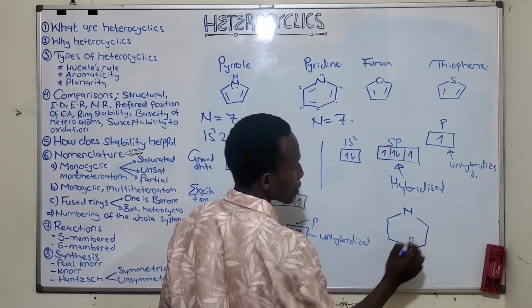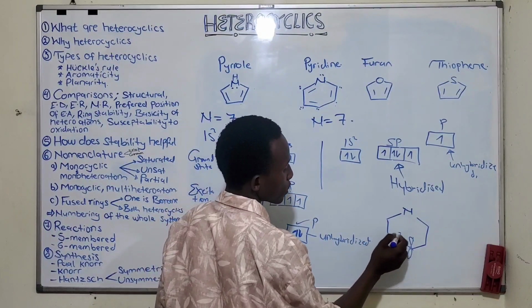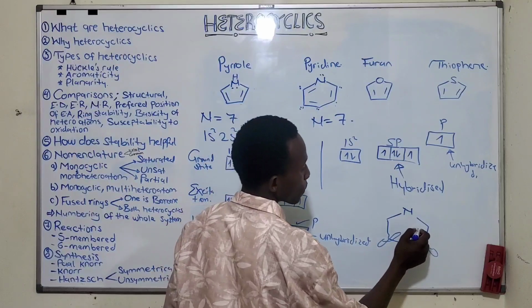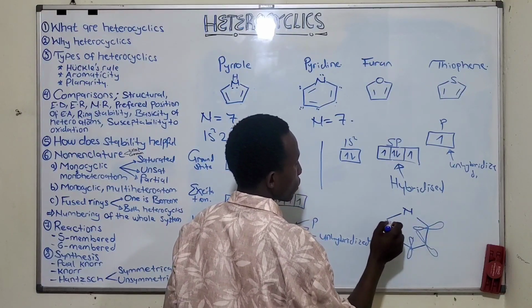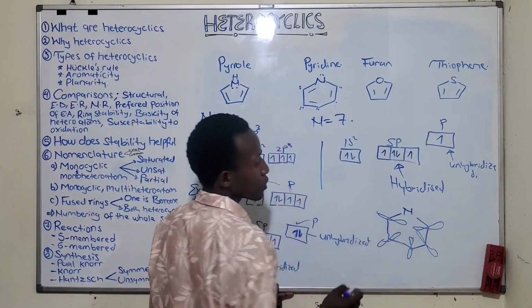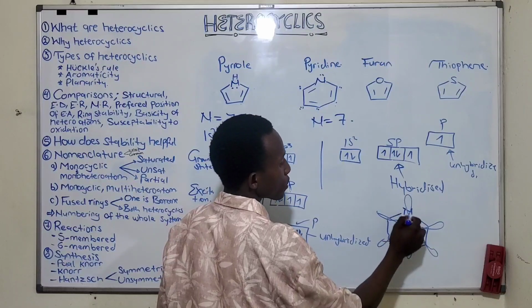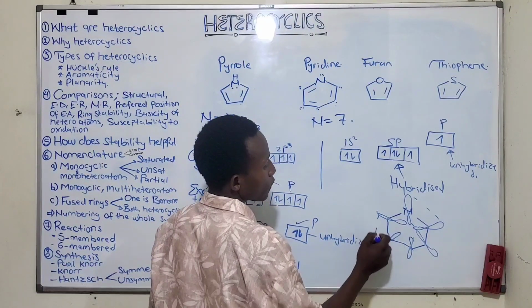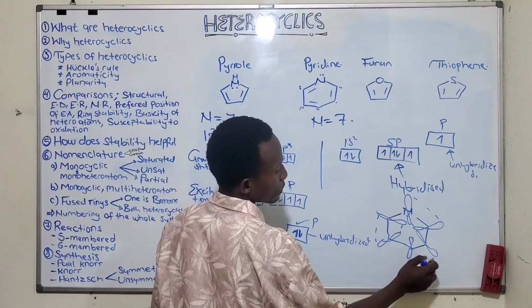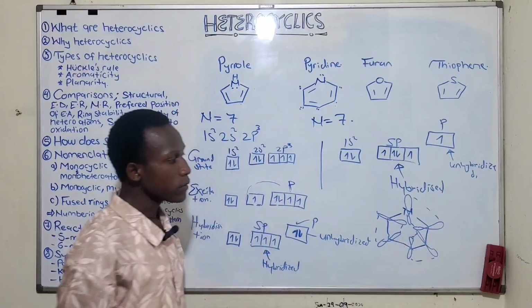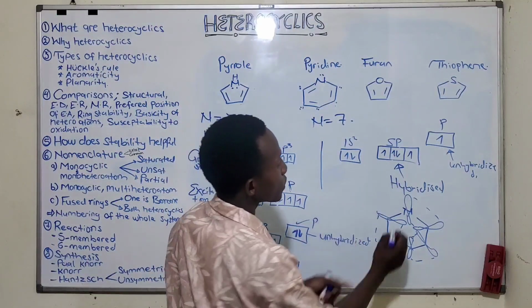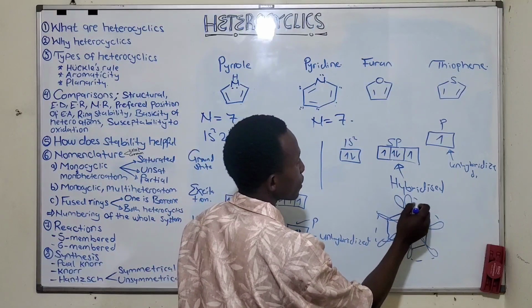Remember, this carbon also has an unhybridized p orbital. So this nitrogen will contribute only 1, and the lone pair will remain outside like this.